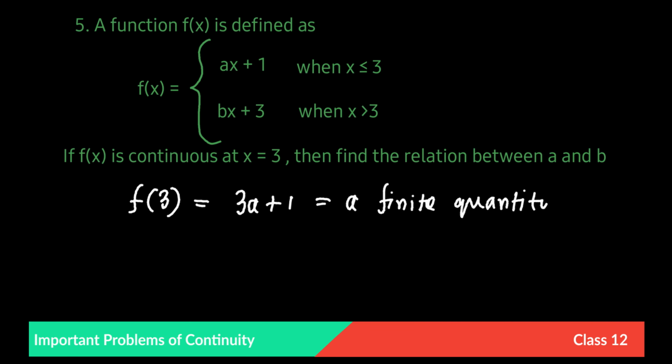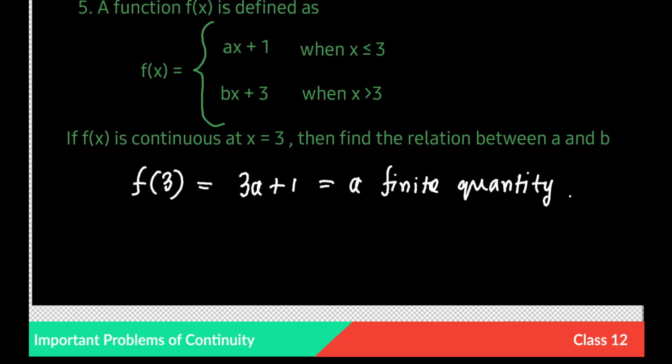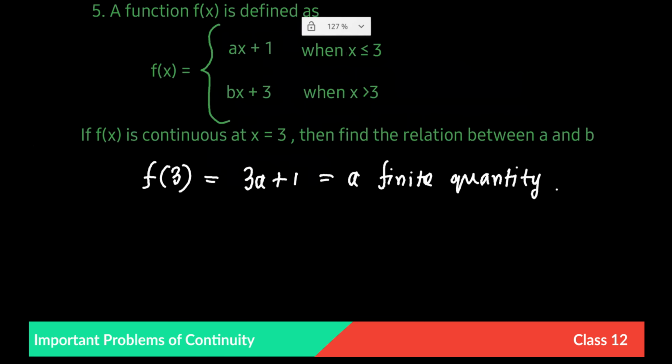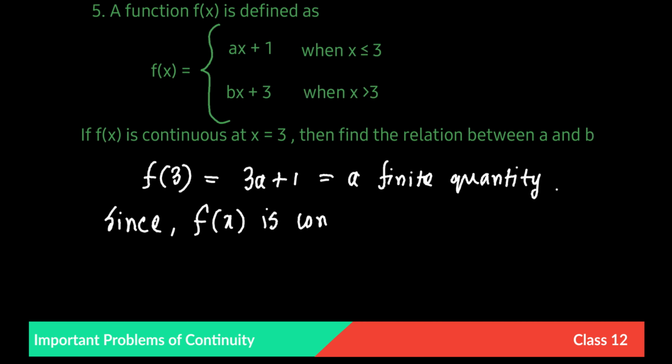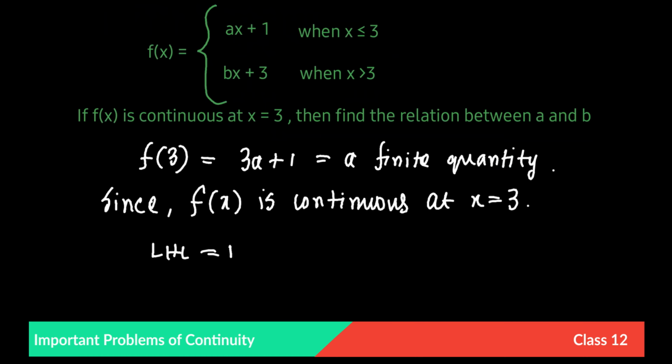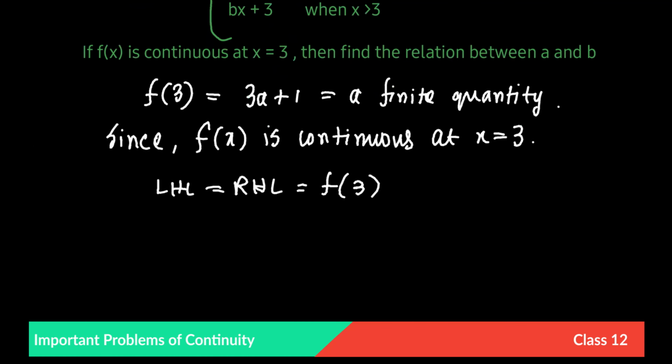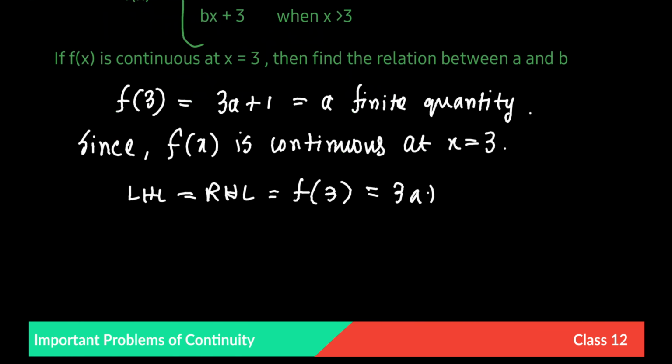Okay, now since it is told that function f of x is continuous at x equal to 3, that means here LHL will be equal to RHL will be equal to f of 3. Okay, now f of 3 is actually 3a plus 1.